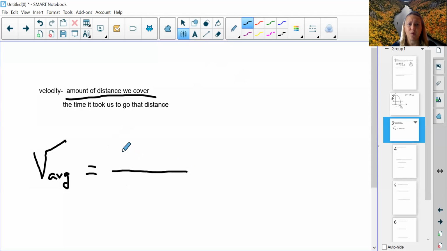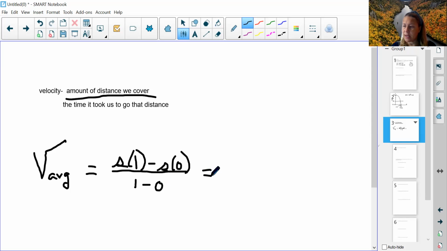But then what does the formula say? And the formula is saying find S of 1. That's the height. S of 1 is the height at 1 second. Subtract S of 0 and then divide by 1 minus 0, 1 second.